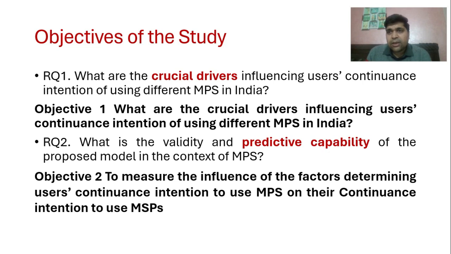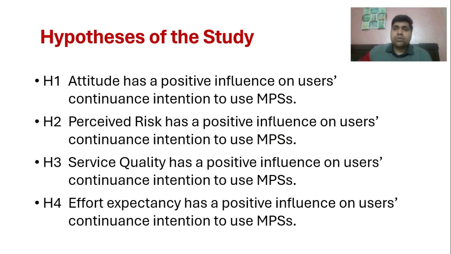Predictive capability means causal relationship, that is, whether the antecedents of MSP continuance can predict the MSP continuance, right? So this is the predictive capability, causal relationship. So I come out with these hypotheses.